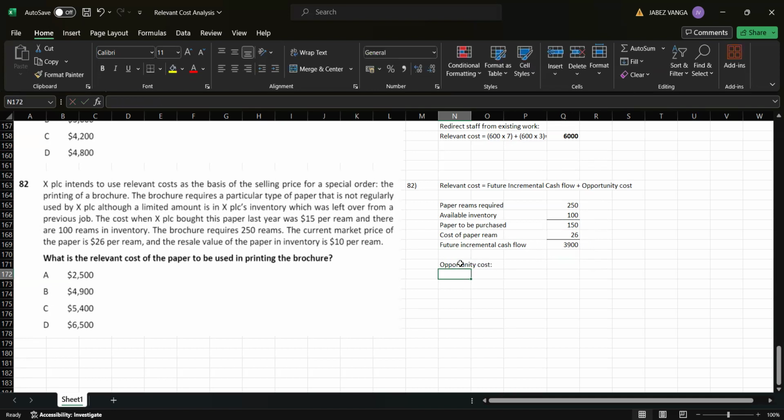We do see there is an opportunity cost. What is the opportunity cost? 100 reams of inventory is available, but that has a resale value of $10 per ream. So opportunity cost is, we see it is 100 reams, each can be sold at 10.